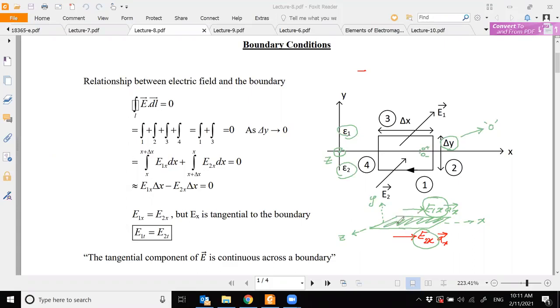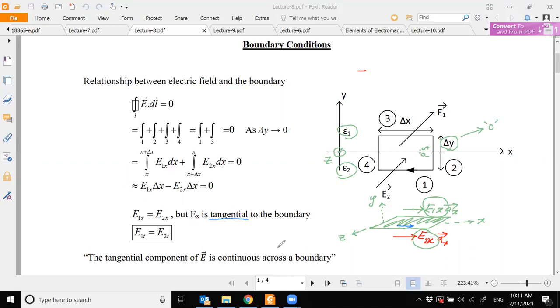Now if you closely look at what E1x is, if this is my boundary, then my E1 is sitting in this boundary plane, right? See this blue one? It is sitting in the boundary plane, so it is called the tangential component. Remember the definition of tangential?